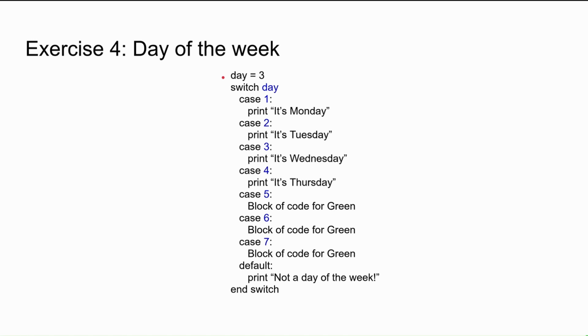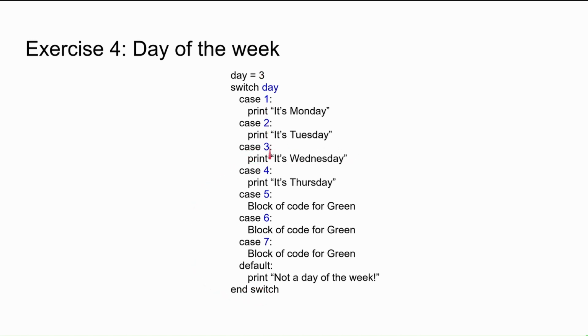As we said, in this case, the day is 3. So we go into this case, and this is printed out. So the way the switch works is compare all the values in the cases, one by one, to the variable. If it finds which value is equal to the variable, it does the block of code inside that case, and ends the switch.